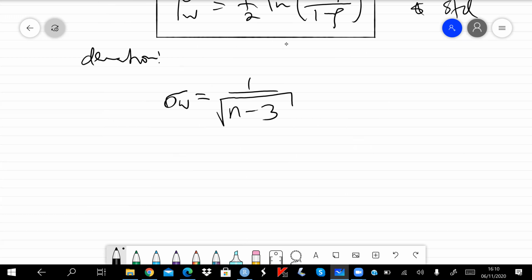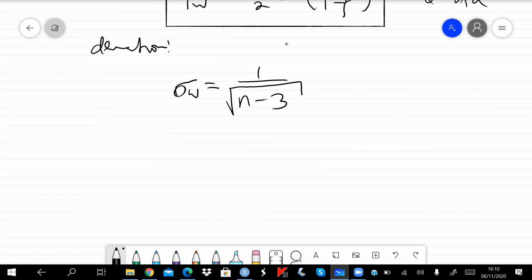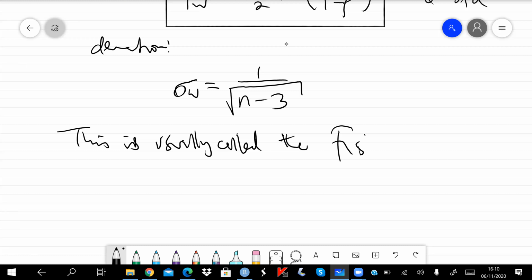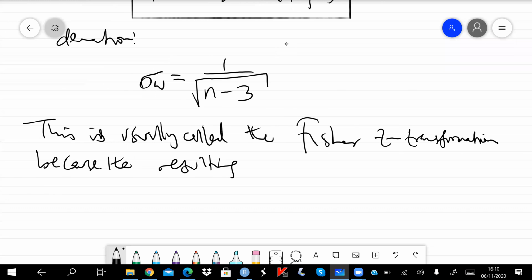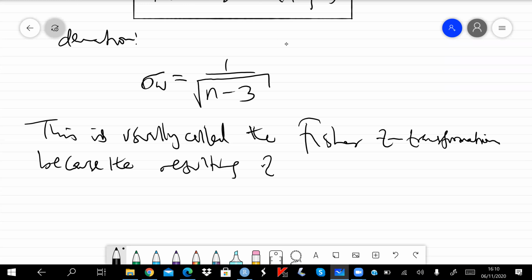This is usually called the Fisher Z transformation, because the resulting Z values are approximately normal.